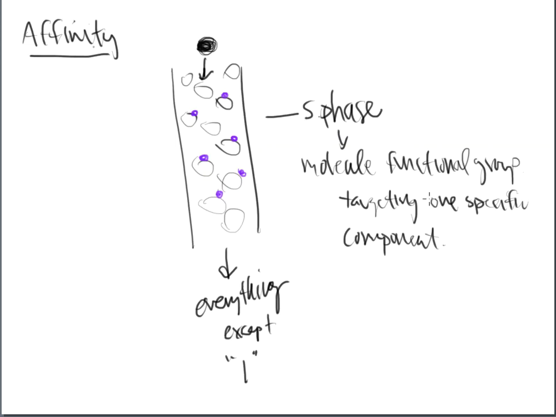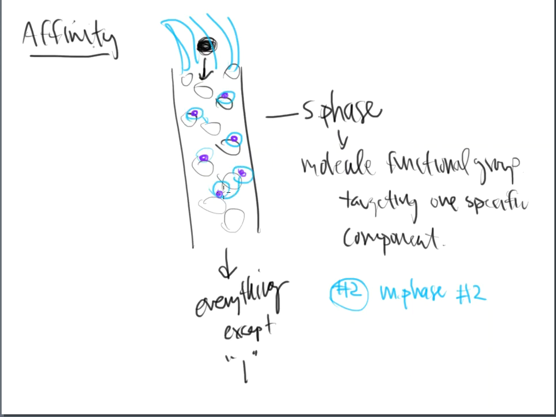So normally what happens here is that in affinity, I have a second round, and that second round is a different mobile phase number 2. That second mobile phase will come in and take these components that have been super glued to the surface, and then remove them, and I can capture them here at the very bottom.